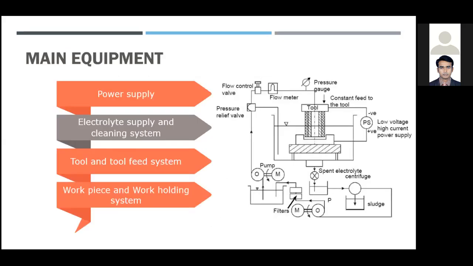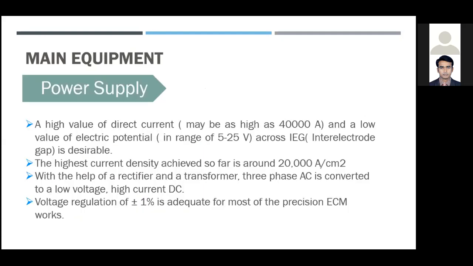Now I am going to describe the main equipments of the electrochemical machine. Main equipments are power supply, electrolyte supply and cleaning system, the tool and the tool feed system, the workpiece and work holding system.